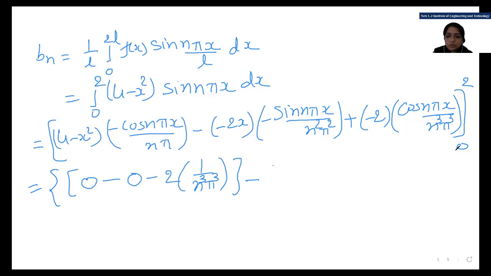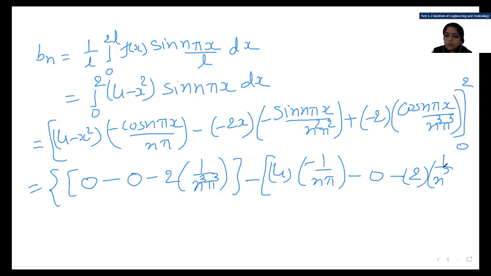Minus, if I substitute my lower limit, that is 4 minus 0 is 4, and cos 0 is 1, so minus 1 upon n pi. Sine 0 is 0, minus 2, cos 0 is 1, so 1 upon n cube pi cube.